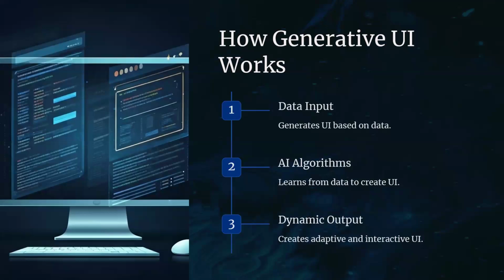Then the next thing is how generative UI works. As I said, it's based on data inputs. After that, applying AI algorithms to it, then giving a dynamic output. As the example I mentioned before, taking an e-commerce website, you can see so many product cards.